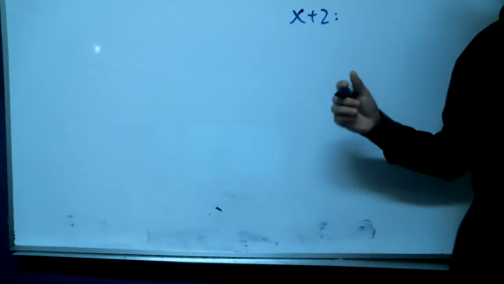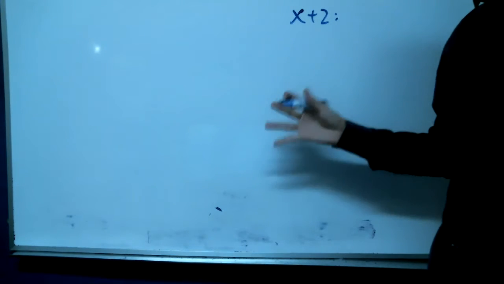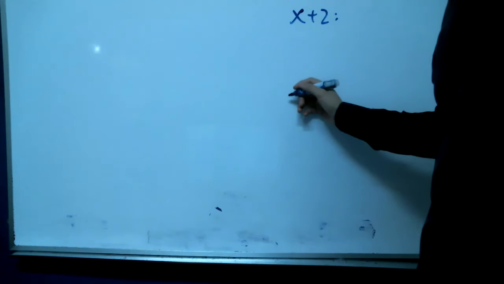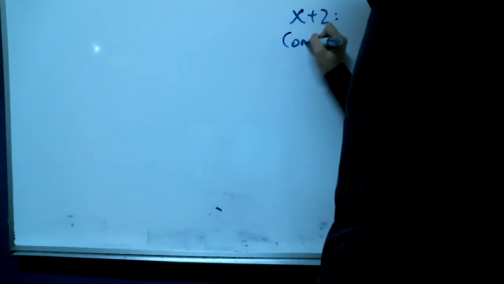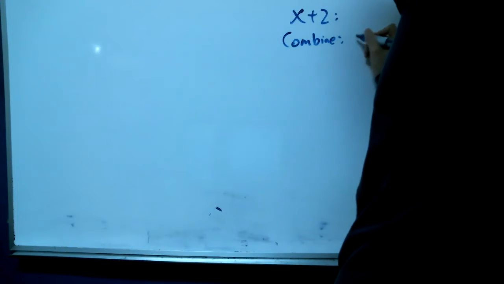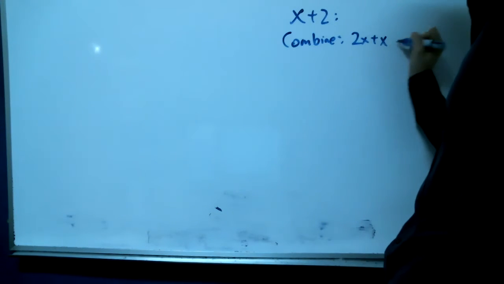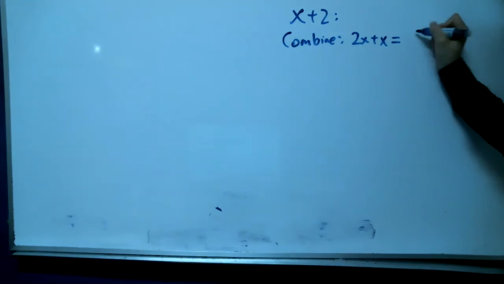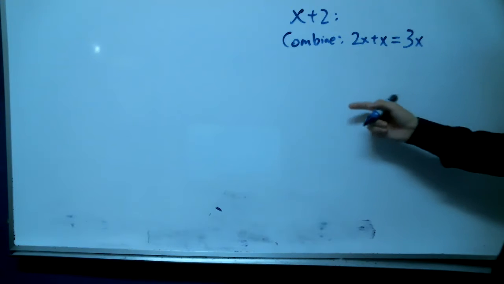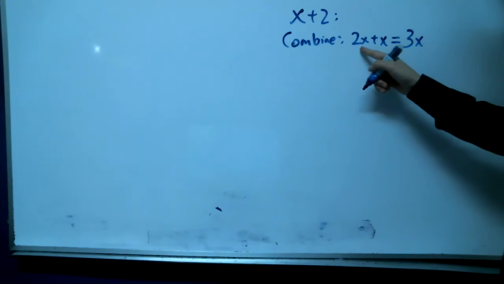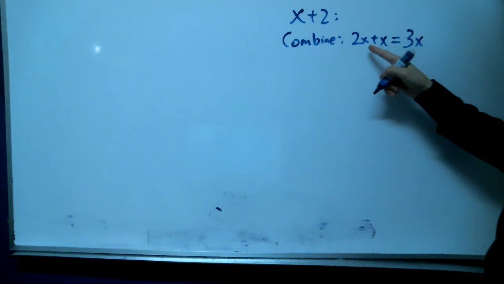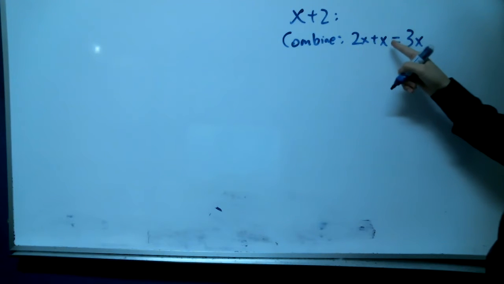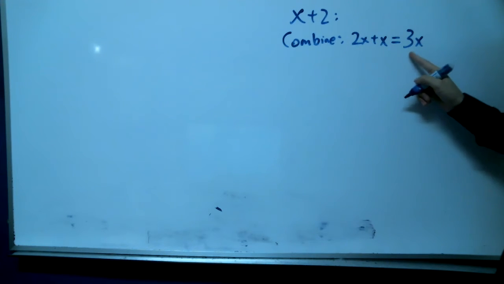We also learned how to manipulate numbers. For example, we learned to combine them. Let's say 2x plus x is equal to 3x. Because if the letter is the same, x and x, we can add the coefficient behind them, the number behind them. 2 plus 1 equals 3.